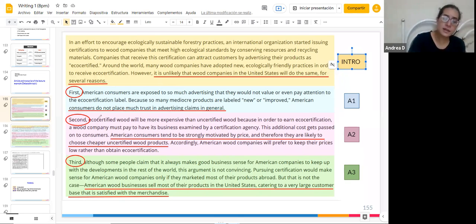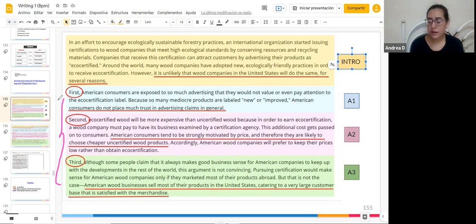And then in the three body paragraphs, in these ones here, you will have three reasons supporting that claim. So if I say people are better than animals, I need to support that. I need to back it up. So I can give you three reasons. I'm going to say, first, we are more empathetic than animals. Second, we are smarter than animals.